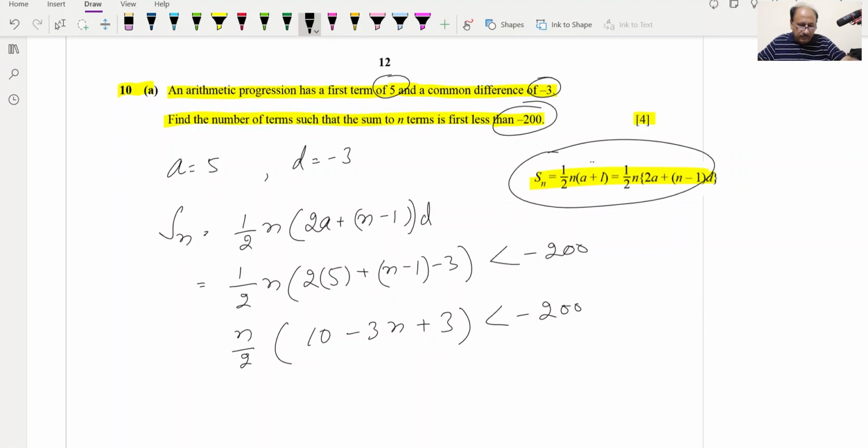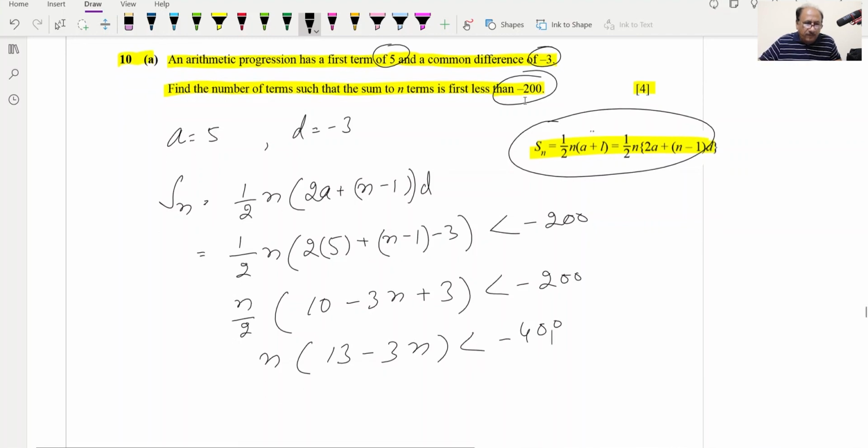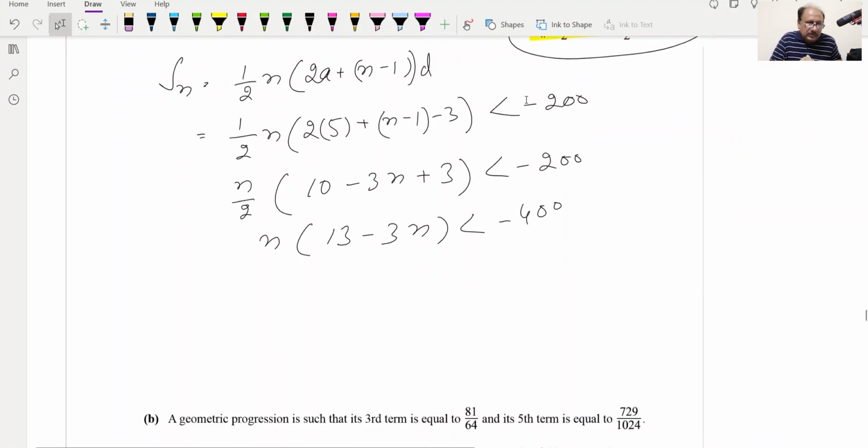Now further we can simplify: this denominator we can shift to the other side. So we will get n into 13 minus 3n is less than minus 400, and n we can open, so it will be minus 3n squared plus 13n is less than minus 400.